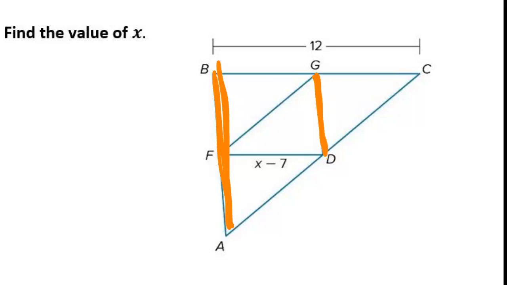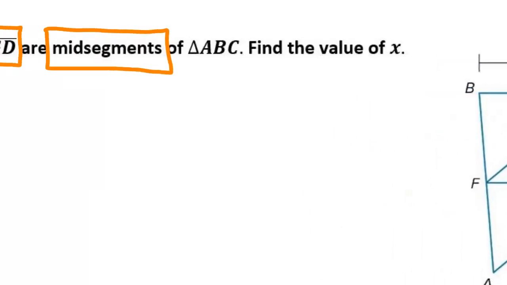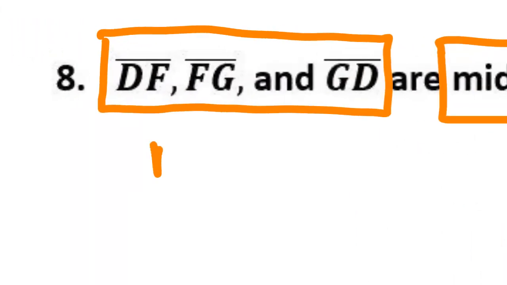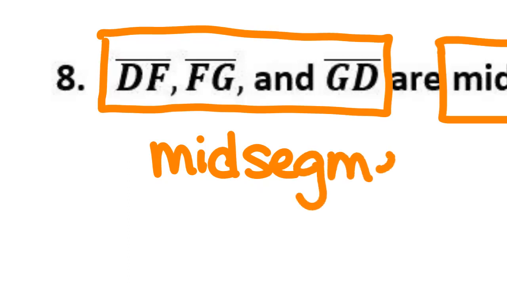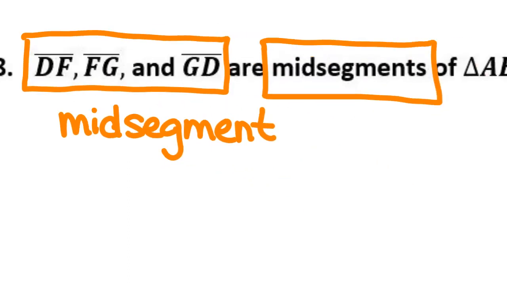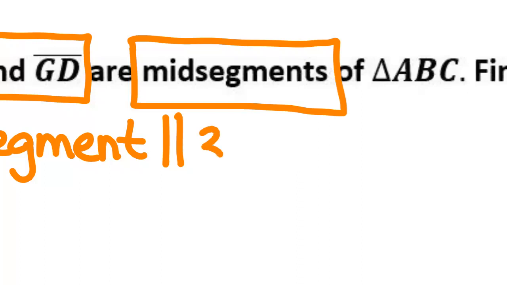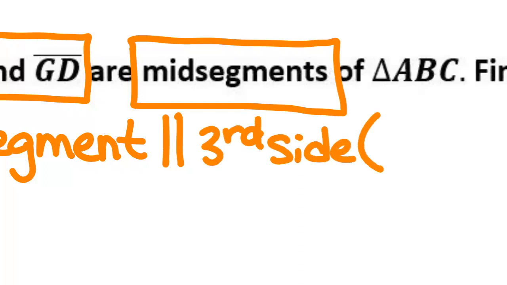They're parallel. So a mid-segment is parallel to the third side, or the side that it does not intersect.